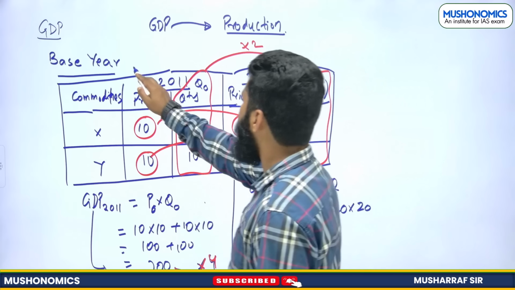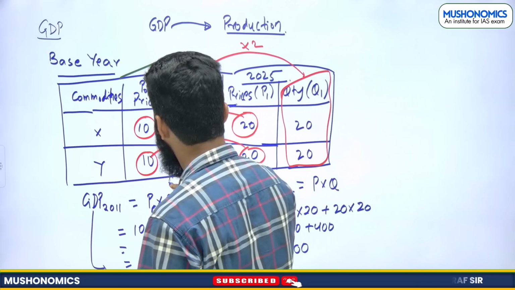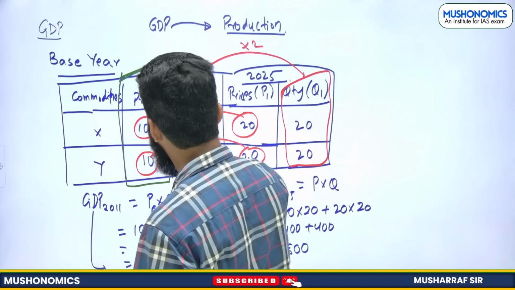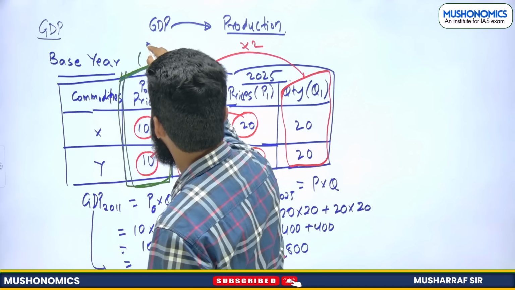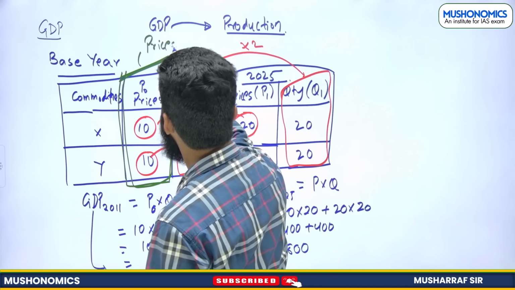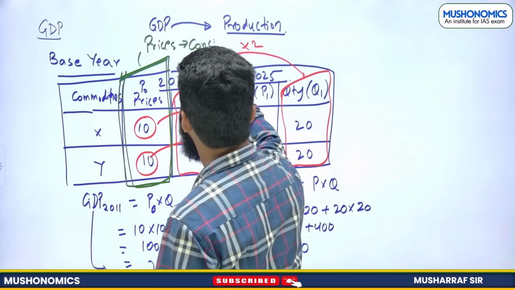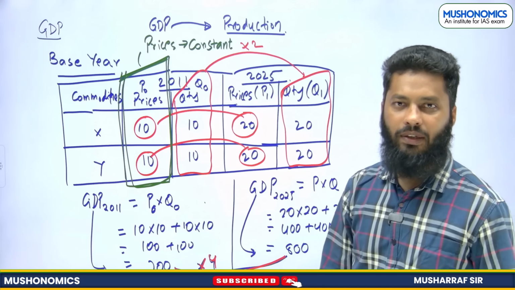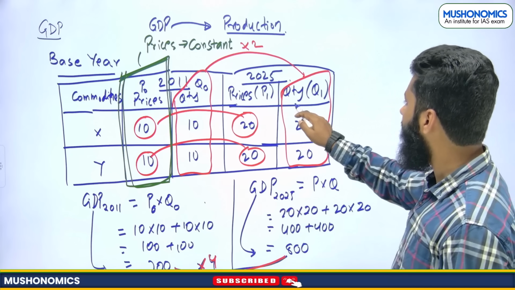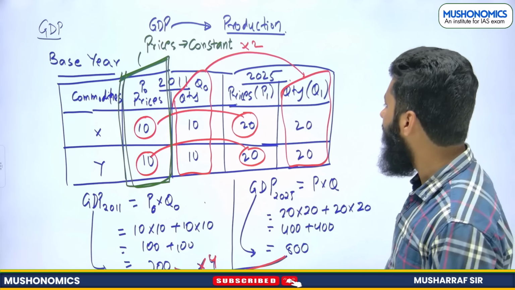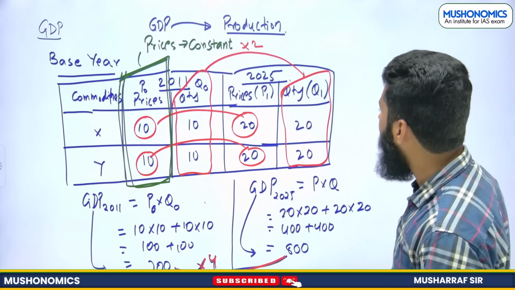We keep prices constant. That means when I am calculating GDP for 2025, I will be taking the quantity of 2025 and the prices of 2011.